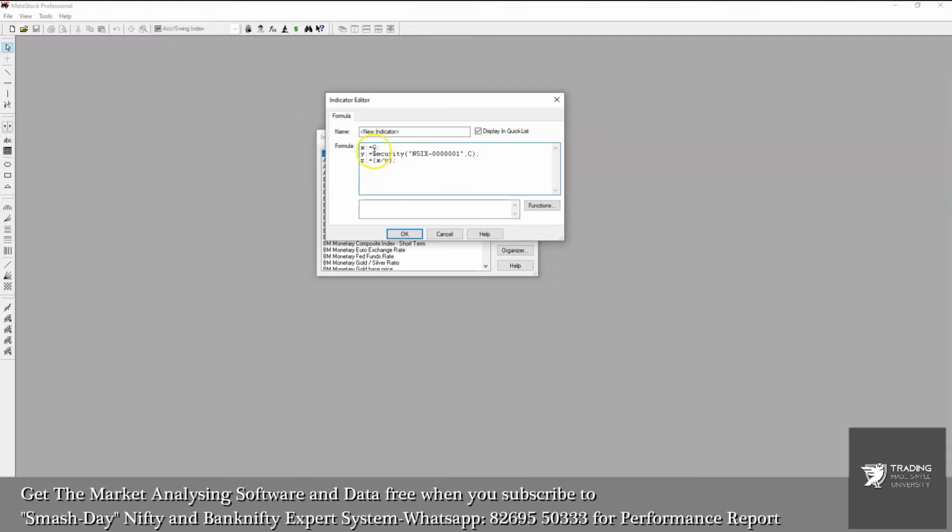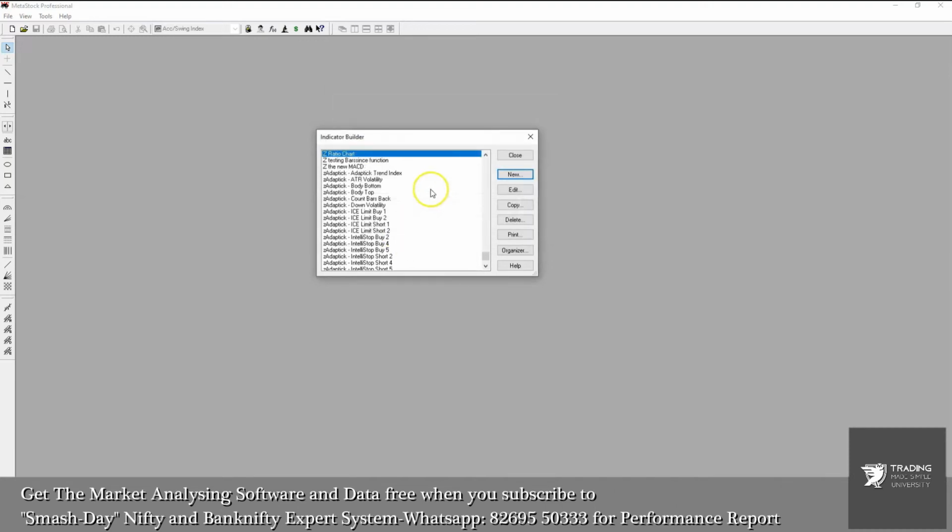We have defined X as the closing price of the stock, Y as the closing price of Nifty, and the ratio chart Z to be the ratio of X and Y. Then we are plotting the value of Z, the ratio. We have to give it a name here, so let the name be ratio chart. I hope I have not made any mistake. So we are closing it, and okay, there was no mistake. If there was any mistake, it would have given us an alert.